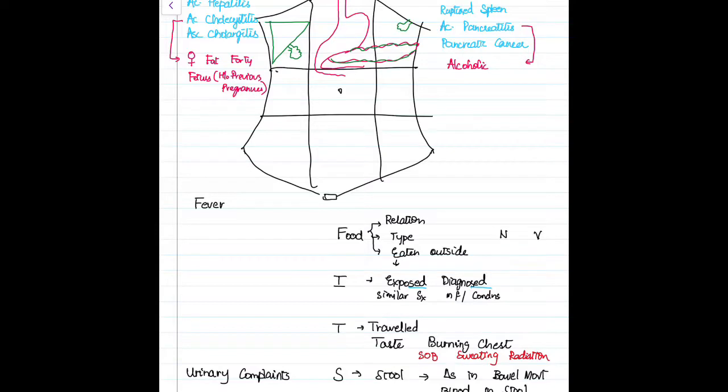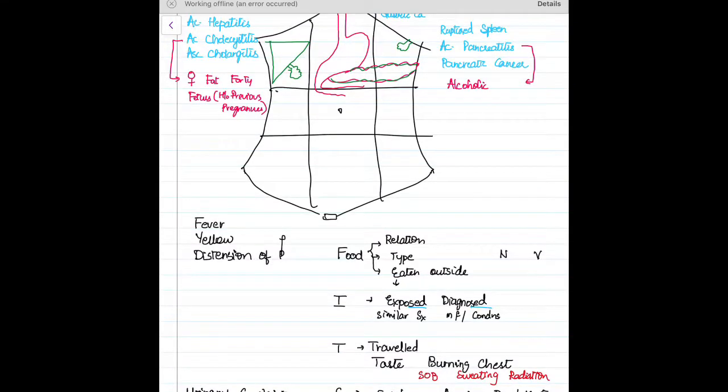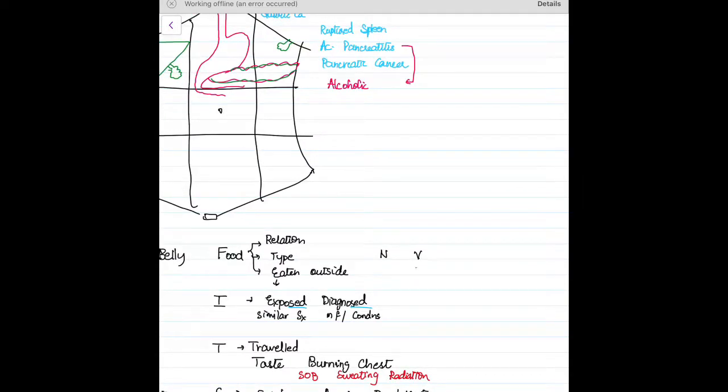On this side, you ask about fever and then any changes in skin color and distension of your belly. We here ask about nausea and vomiting. Here also we ask about blood, or any change in color, like coffee ground emesis.